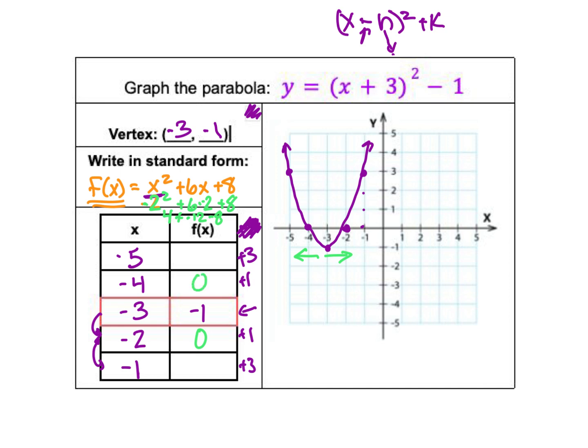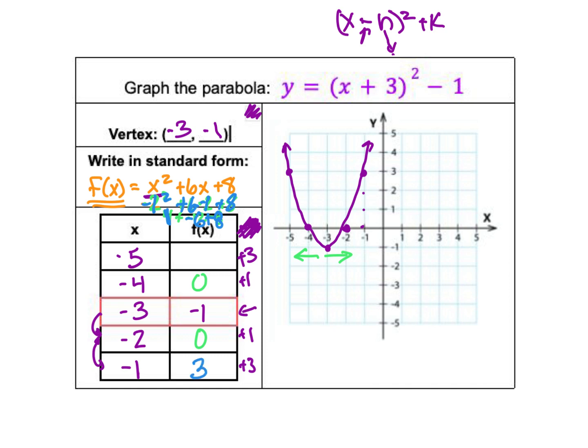Okay, and then when I plug in negative 1, I'd say negative 1 squared plus 6 times negative 1 plus 8. Okay, I'm doing the math. Negative 1 times negative 1 is 1. 6 times negative 1 is negative 6, plus 8. So now I've got 1, negative 6 is negative 5, negative 5 plus 8 is positive 3.